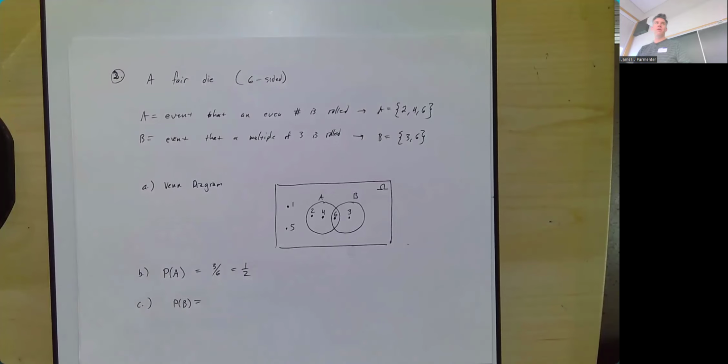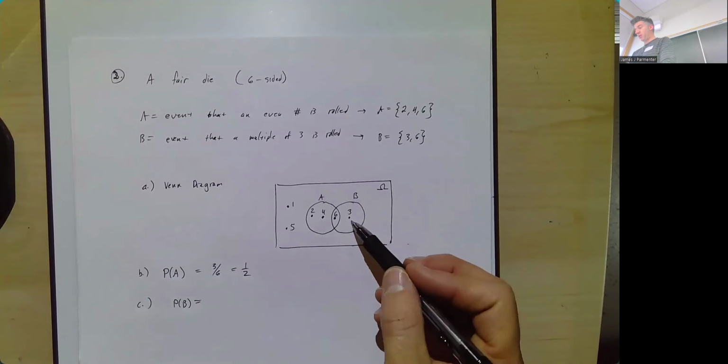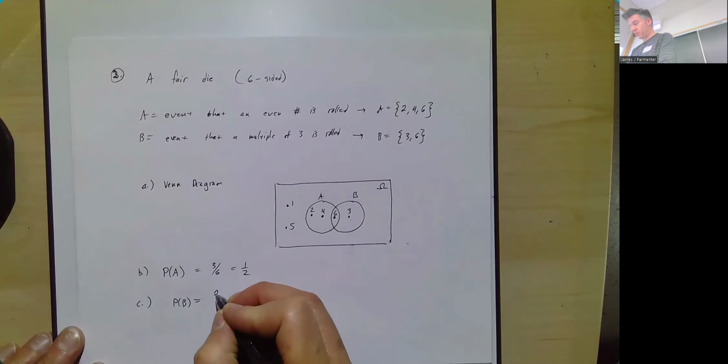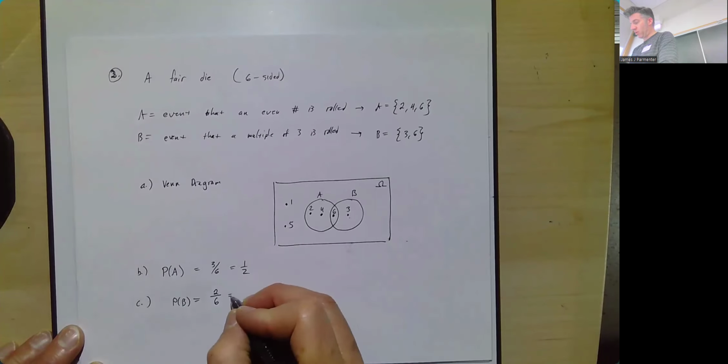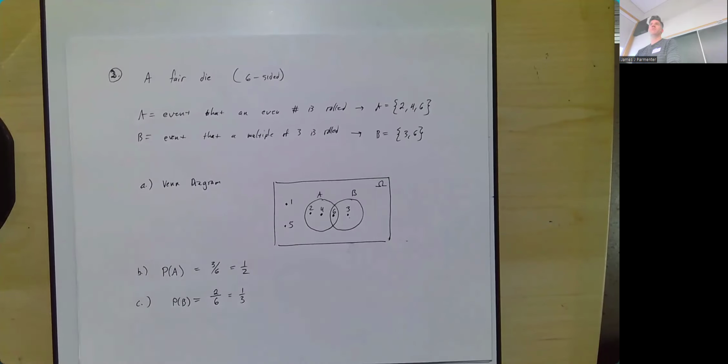Write it down. I know you know what the answer is. Let's see, B consists of rolling a 3 or a 6, so there's 2 ways of getting that out of 6 total things, which reduces to 1/3. Again, the number of ways of getting what we want divided by the total number of things that can happen.